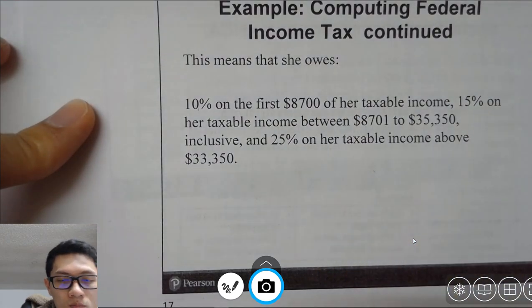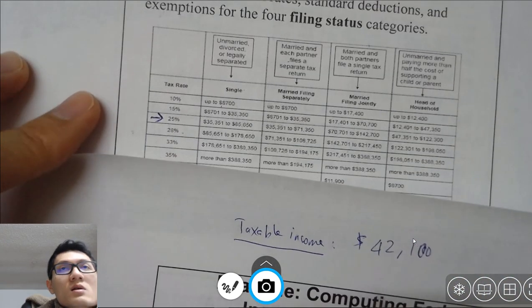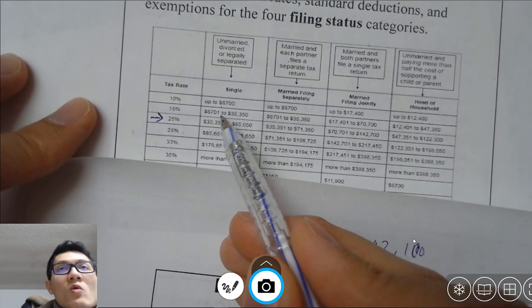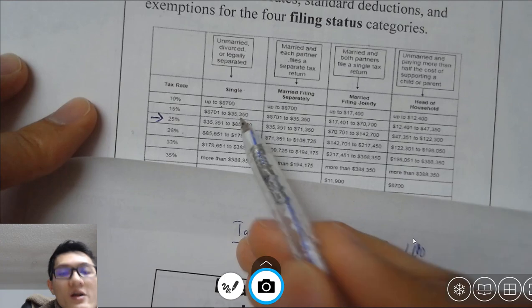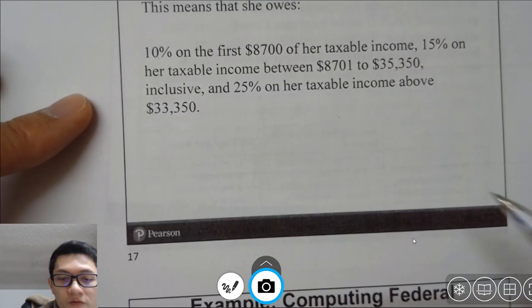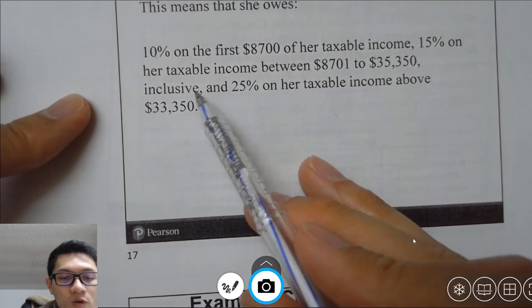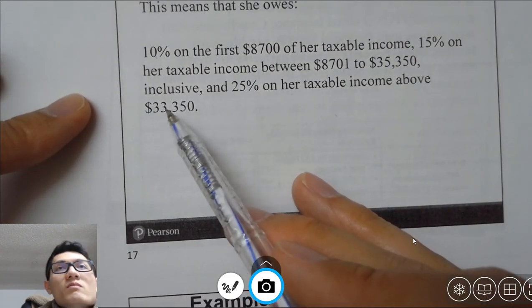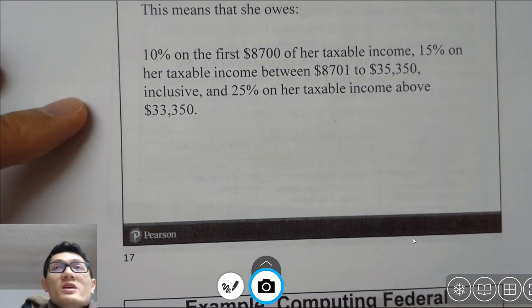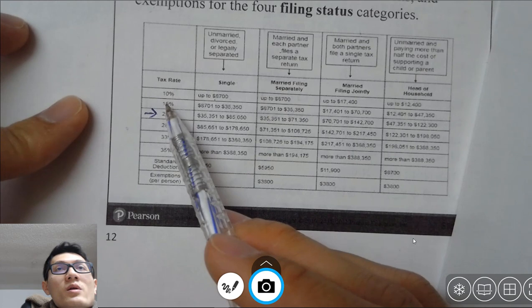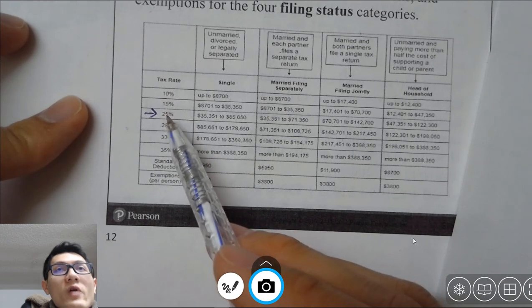And then next, 15% is from 8,701 to 35,350. And then 25% is the rest after 35,350. So she has a total of three different tax rates to apply to her income.